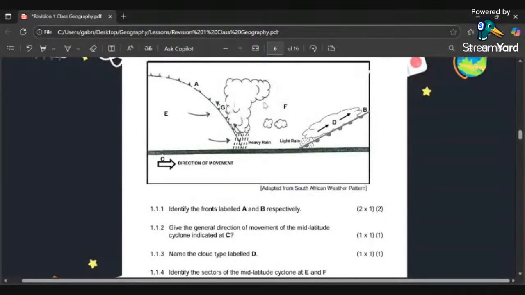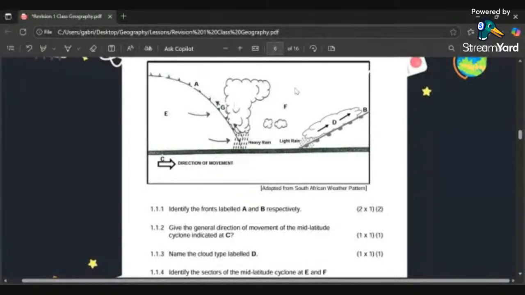Why do we say that? We know that the two different air masses, cold air and warm air, have different densities. The cold air is denser than the warm air. So when the cold air is pushing the cold front, trying to close the warm sector, it will entirely force the warm air to be uplifted.